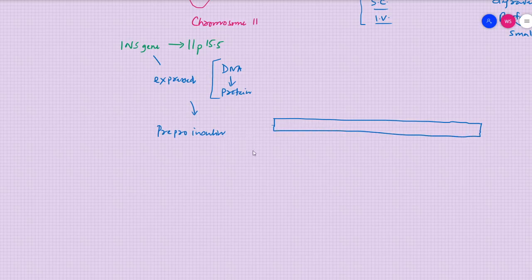Now, preproinsulin would have two ends: a carboxyl end and an amino end, because amino acids have an amino group and a carboxyl group. Let's call this the amino end in this diagram.